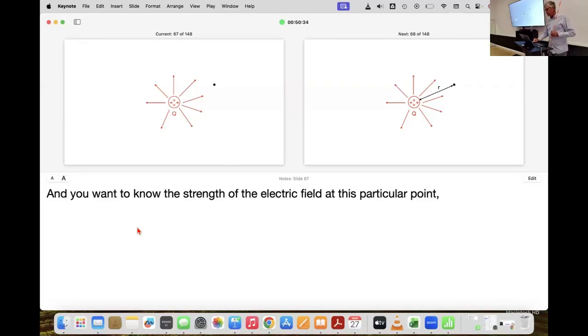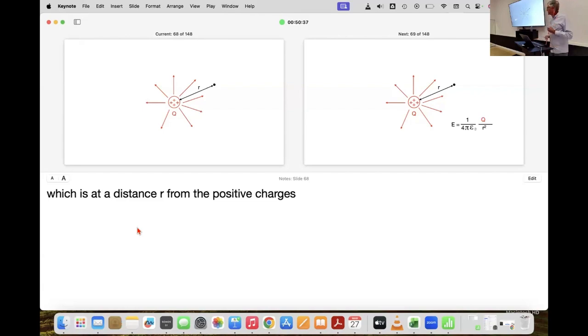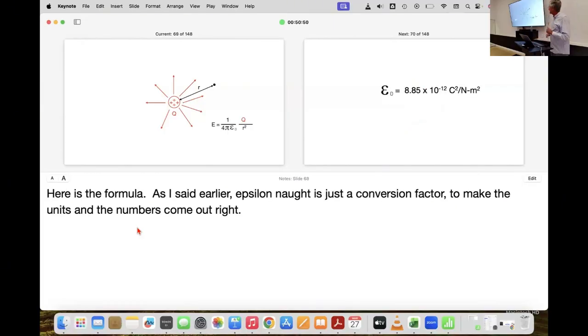But let's just quantify it. Actually, we're not talking about the force it feels. We're just going to talk about what the electric field is if we measured it at that point, just to keep it simple. Electric field equals 1 over 4 pi epsilon naught. That's a constant. And then the variables would be Q, the amount of charge, and r, divided by r squared.